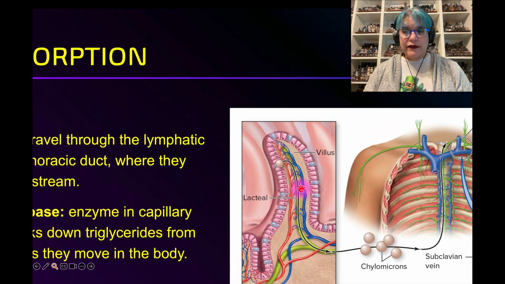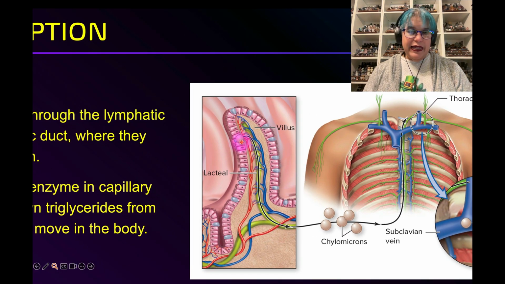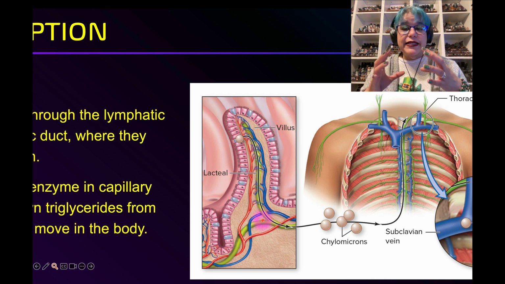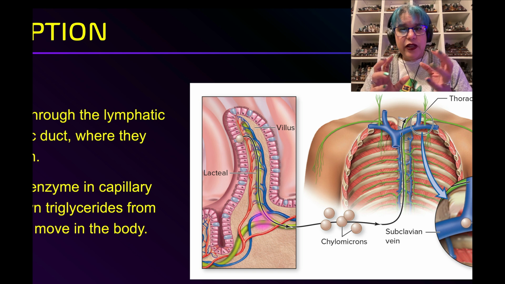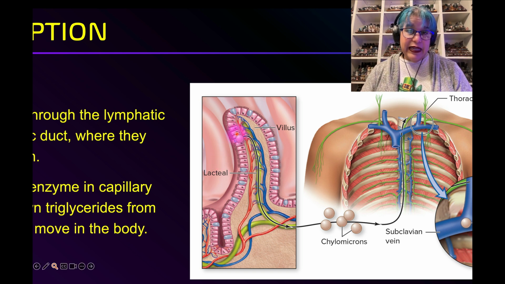So we kind of discussed this before, but in these villi, I've got my little capillary beds, but I also have this particular vessel called a lacteal. The lacteal has bigger spaces for these things to get into than blood vessels. Blood vessels have little teeny tiny microscopic windows for things to get into. This thing is pretty ginormous. It's not going to fit.